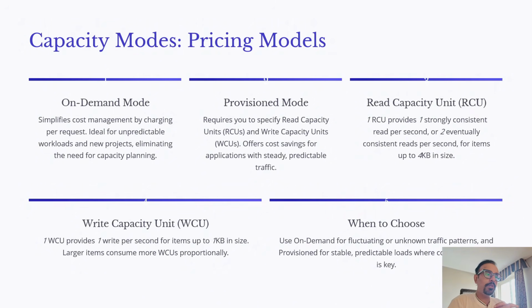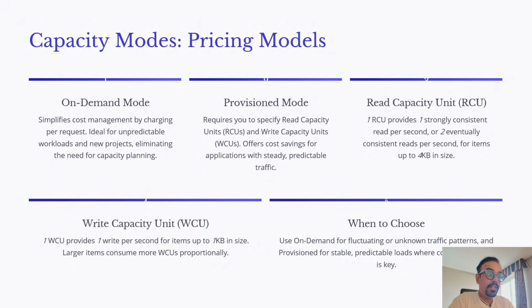In that case, what we usually do is use on demand. Then we monitor using monitoring solutions for 1 month or 2 months to understand how traffic comes in and what the load is. Based on that, later you can use provisioned mode so that you can lower your cost.